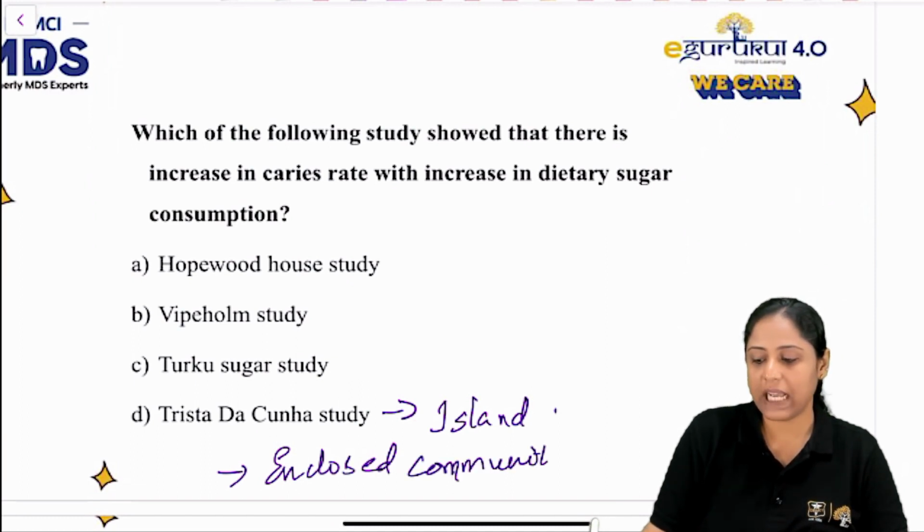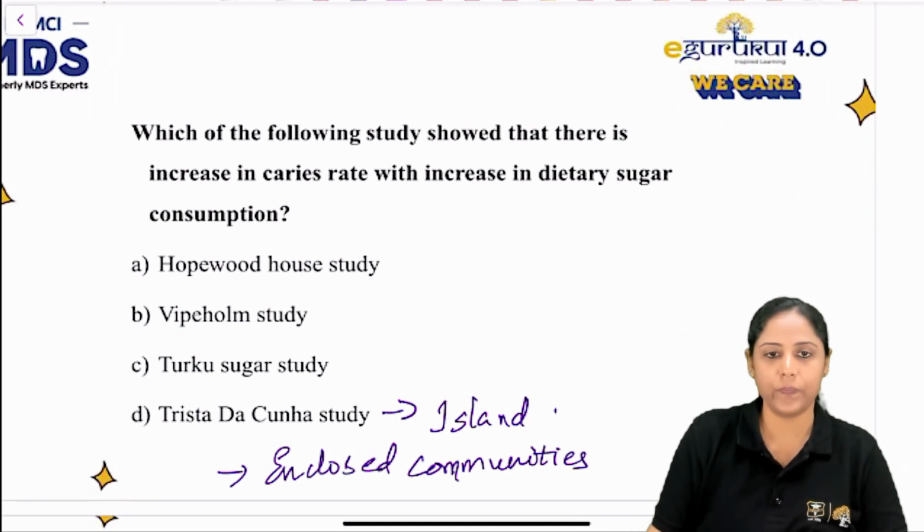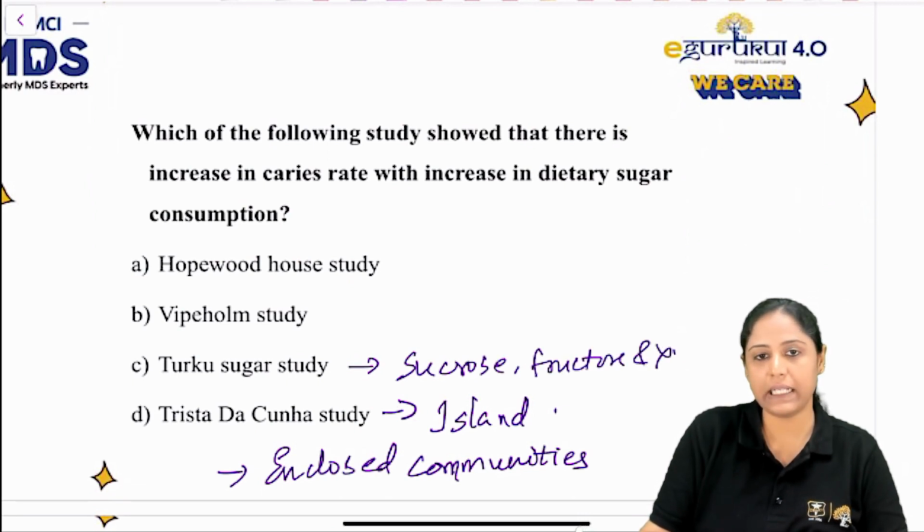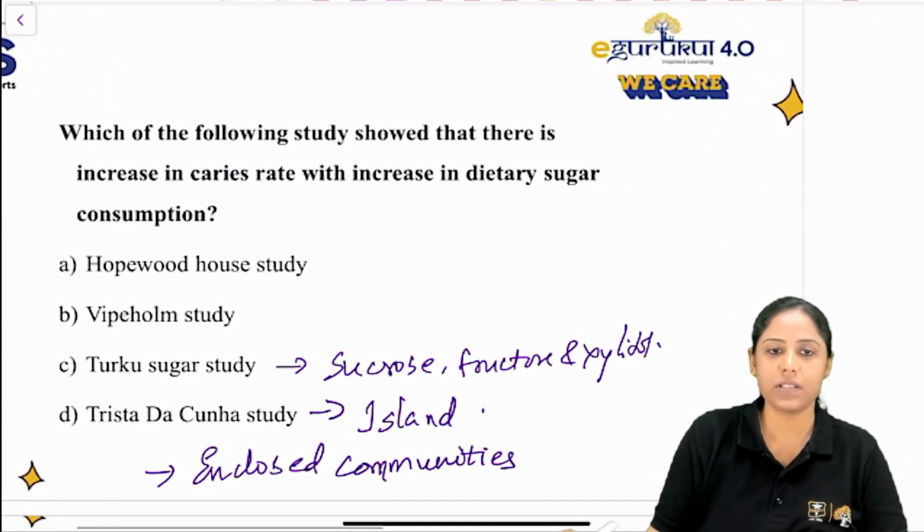So that means the choice is not D. Coming to the Turku sugar study, it was done to compare the cariogenicity of sucrose, fructose and xylitol. So the right choice is not choice C also.